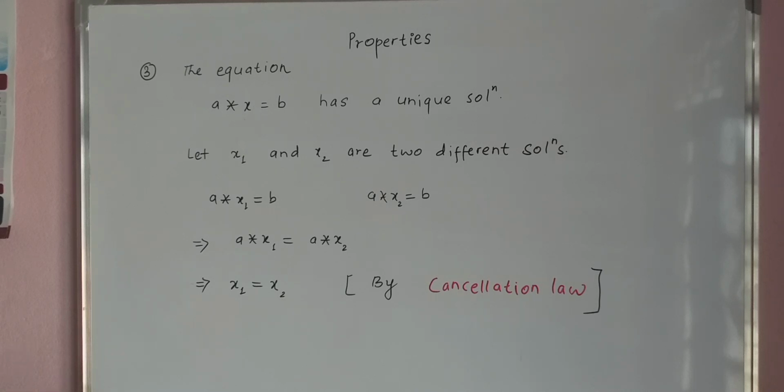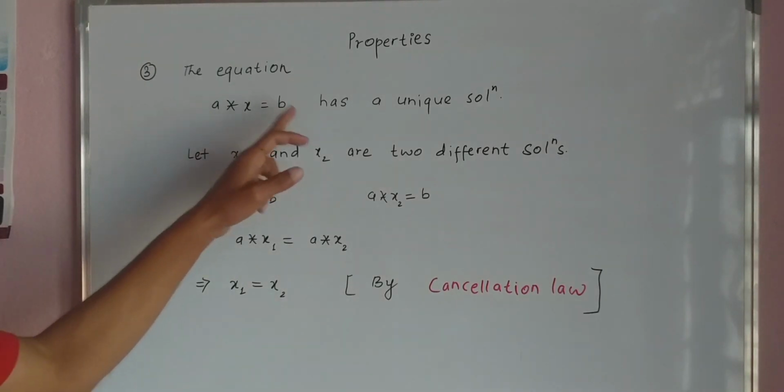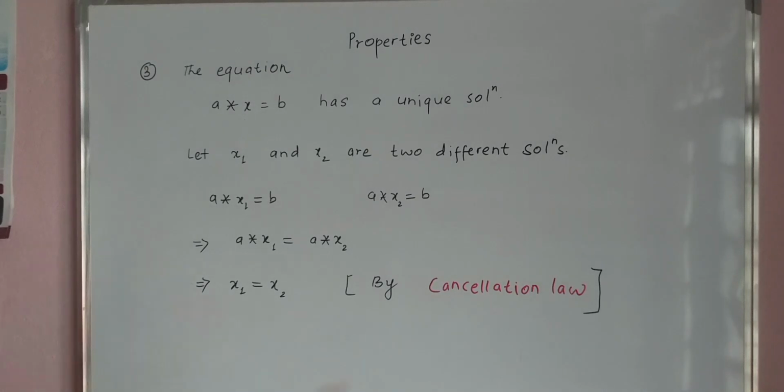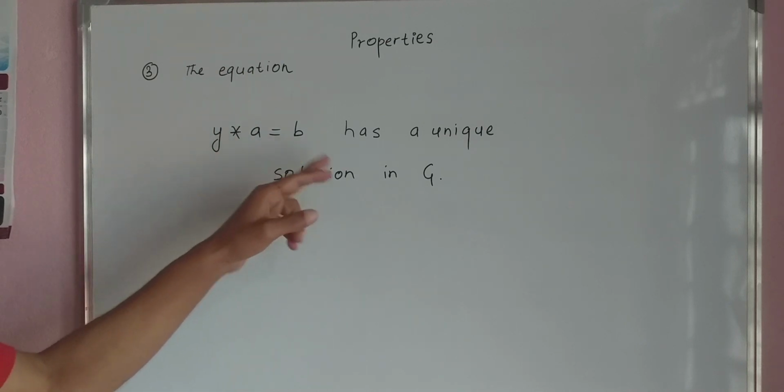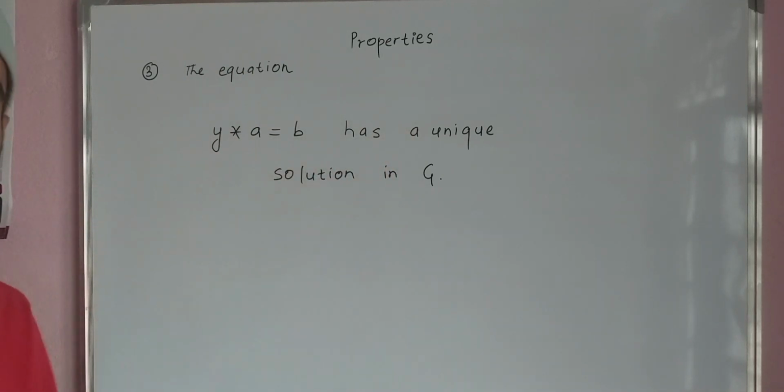This gives us x1 equals x2. Why? By what property? By cancellation law. So the uniqueness directly follows from the cancellation law, and the equation ax equals b has a unique solution in G. Also, without loss of generality, the equation ya equals b has a unique solution in G.